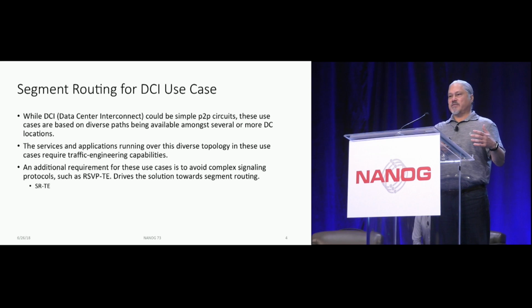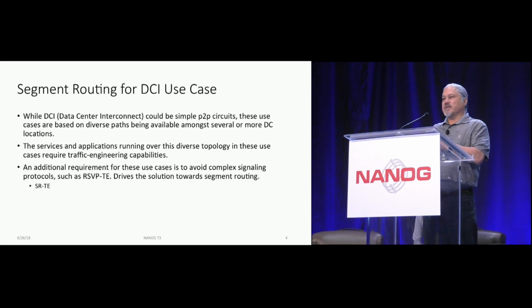Some of those require traffic engineering for SLA. So there is a need for traffic engineering. And then the third part, as you see at the bottom, they wanted TE, but they didn't really want the added complexity of managing something like RSVP-TE. There's no RSVP-TE today in their network. They have LDP. So they wanted the traffic engineering capability without the overhead. And that kind of drove it to segment routing and traffic engineering.